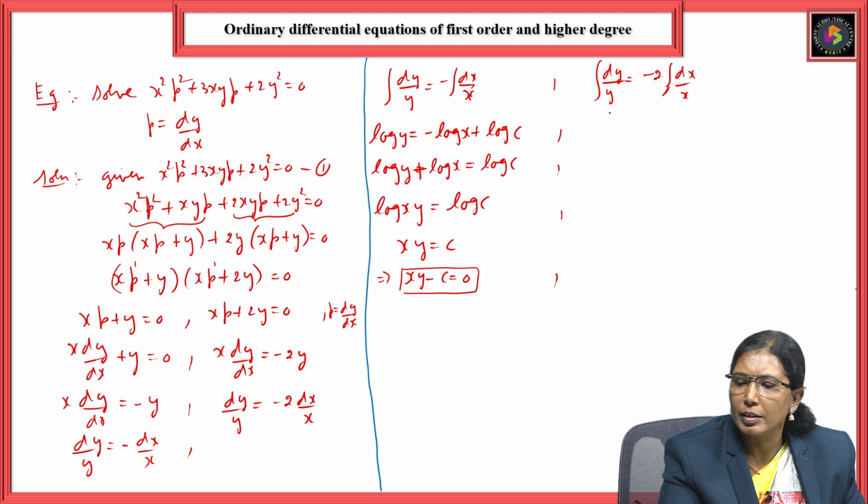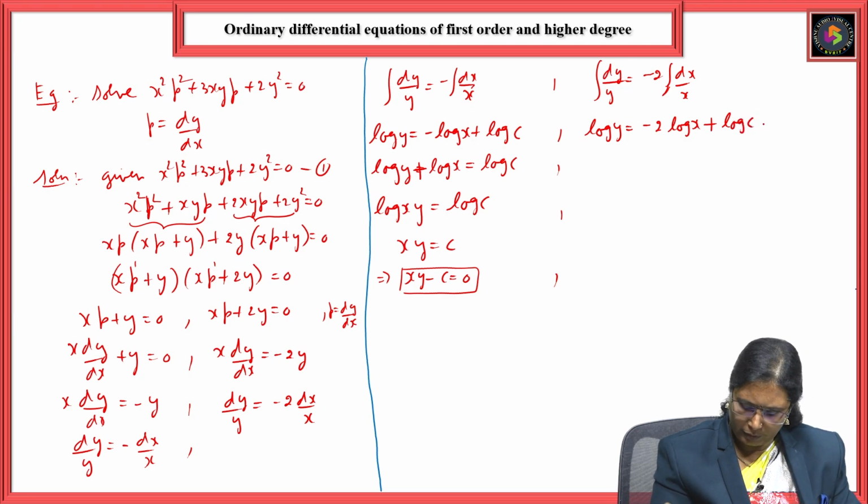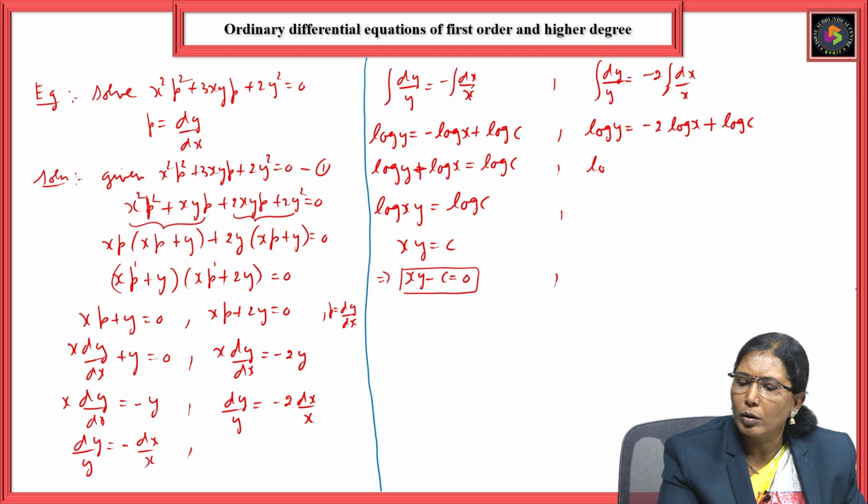What is the integration? Log y is equal to minus 2 times the integration of dx by x, which is log x. Since both integration constants are in log, we can write this as log c. Log y, take this to the LHS, you get plus 2 log x is equal to log c.